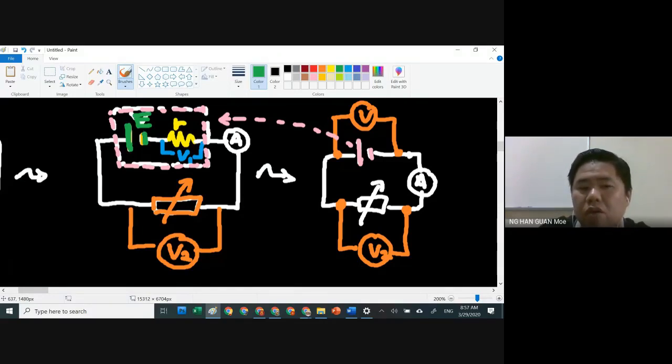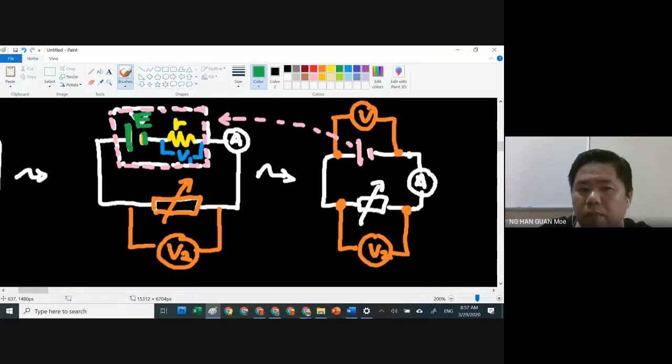At the same time, we also have the charge flow through the rheostat, so we have the V2. Then the V2 result showing is actually the constant EMF minus the V1, because V1 is across the constant internal resistance.